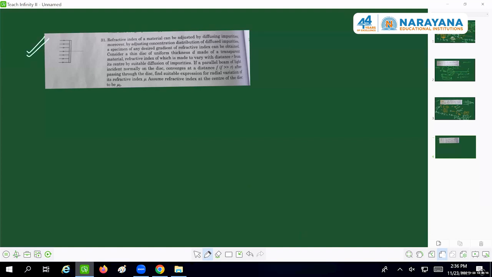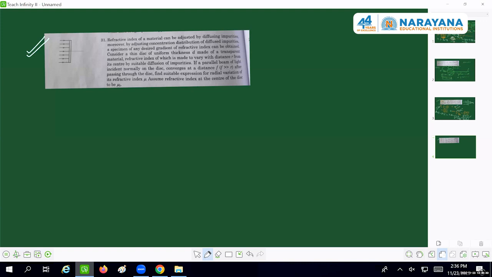Just go through the problem and apply the previous concept only. Here also, you are bombarding a beam on a disc. So this is the sectional view of the disc, right? If you observe from front, the sectional view is this, and refractive index here, you read the statement.